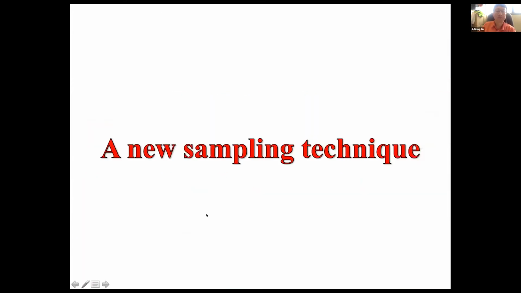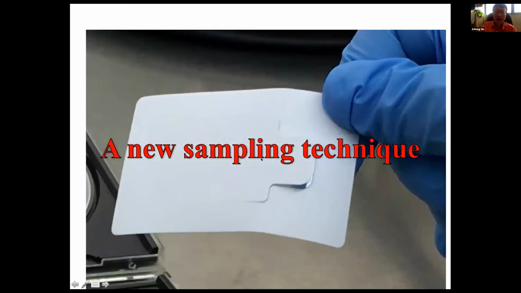So the first step is collecting the sample, which would not destroy or damage the sandstone of the temple. So the technique of sampling. This is a technique which has been invented, and which has an adhesive material inside, but the whole sampling device is sterile without any microbe.